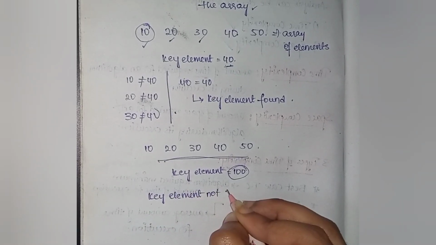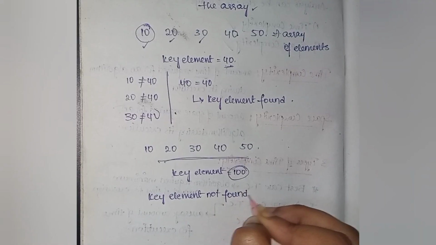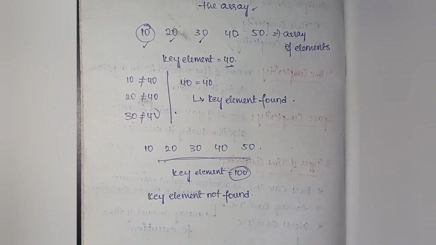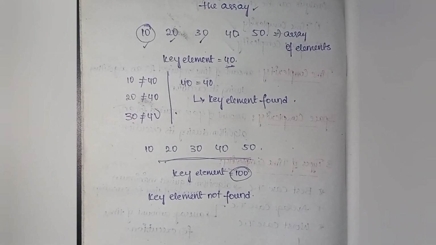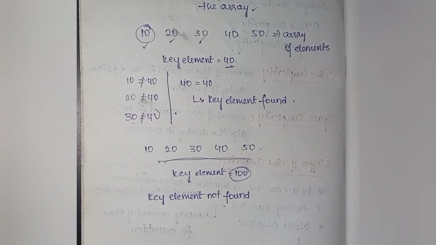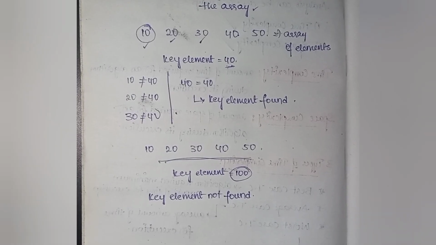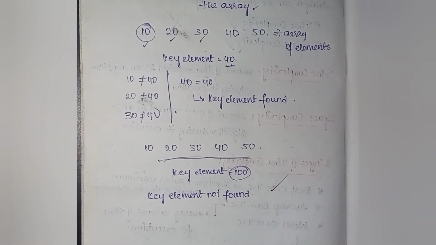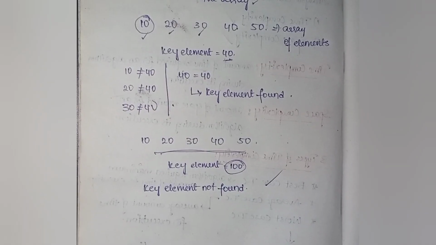So how to determine what is the best case, what is the average case, and what is the worst case? You can tell it with the help of linear search, and let's see how we can tell that.